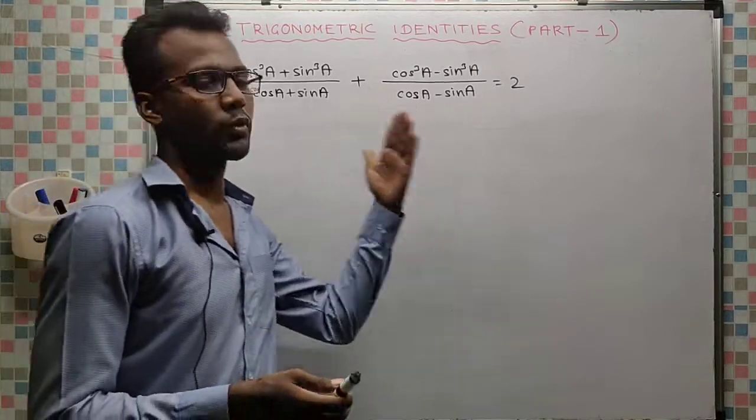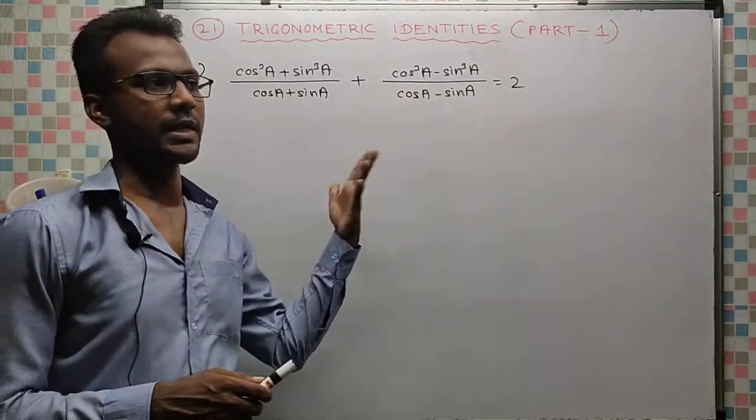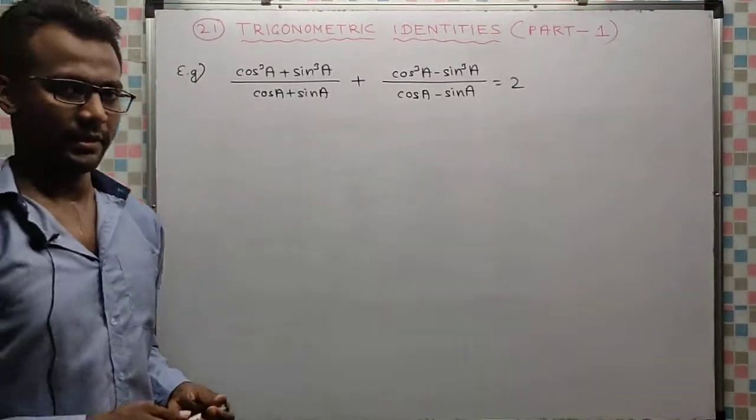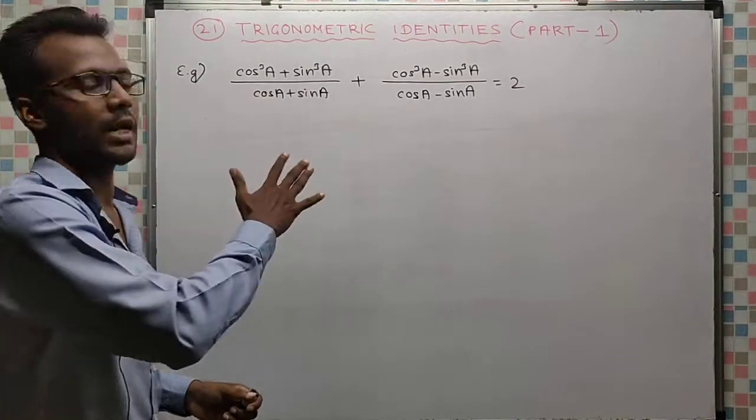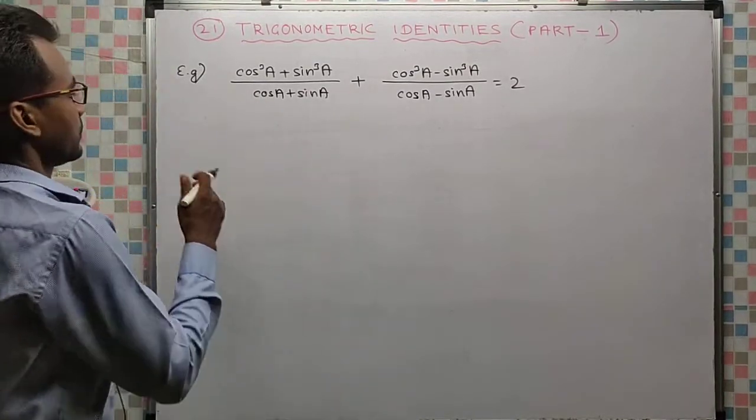Now you decide which side is more complicated, LHS or RHS, left hand side or right hand side. Obviously the left hand side, so definitely we are going to start from the LHS side.